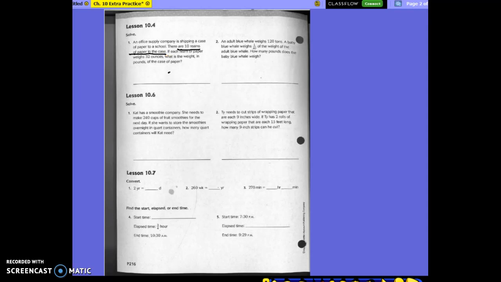All right, so some of us want to divide 32 by 16, and that's going to get us 2. So each one of those reams weighs 2 pounds. So 10 times 2 is equal to 20 pounds.